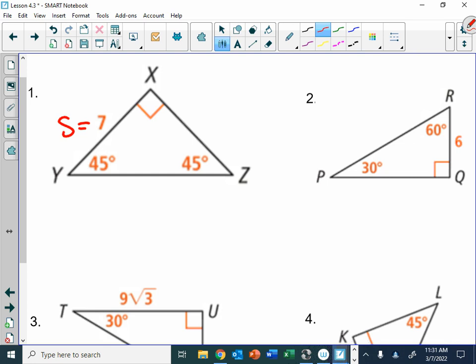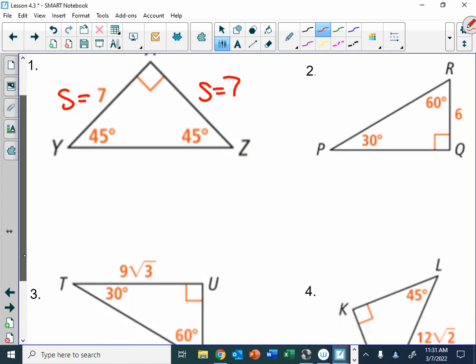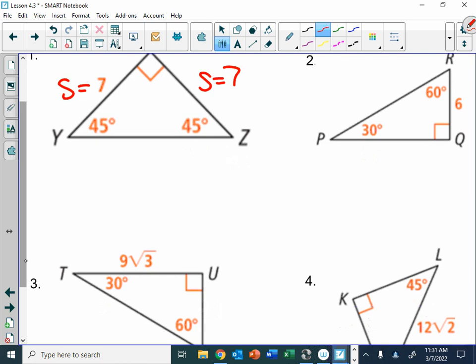Which other side is also going to be 7? XZ, the one across from the other 45. Yes, so this is also going to be 7, because that's my other leg. The legs in a 45, 45, 90 are congruent to each other. My hypotenuse for a 45, 45, 90 is what?